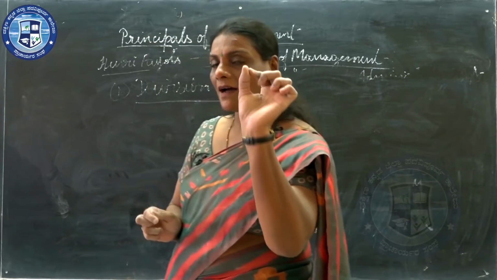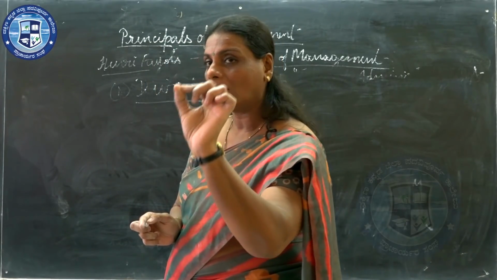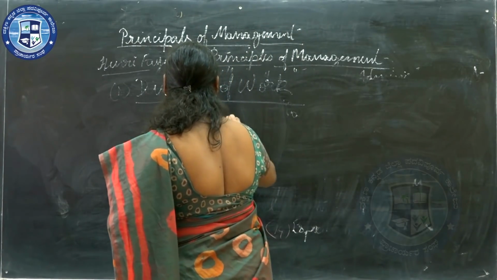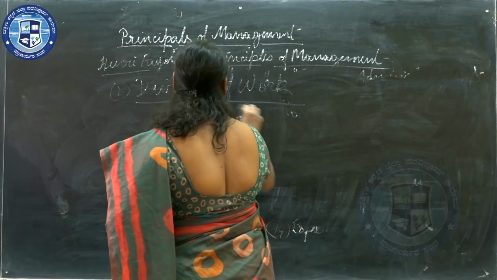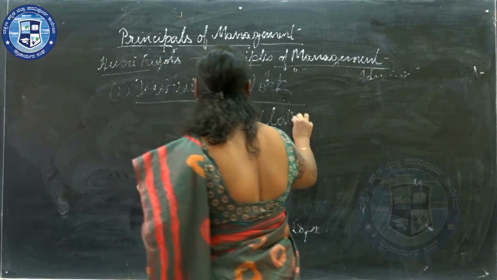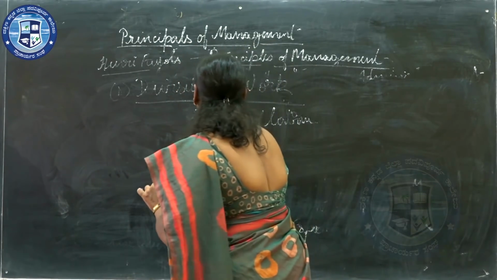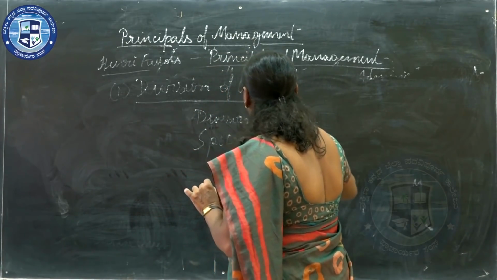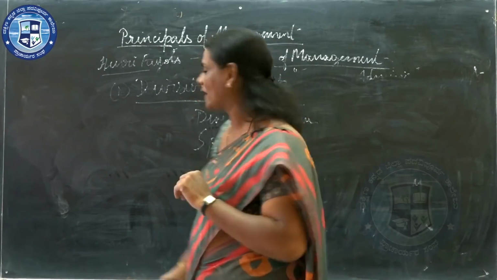So, here he targeted specialization, how? Through division of labor. So, it will be division of labor and specialization.